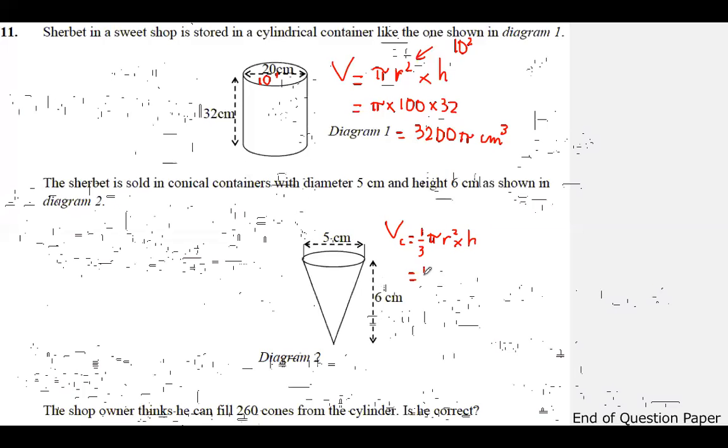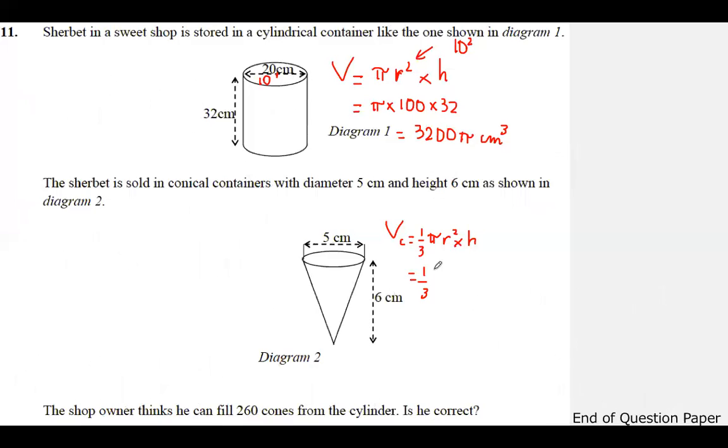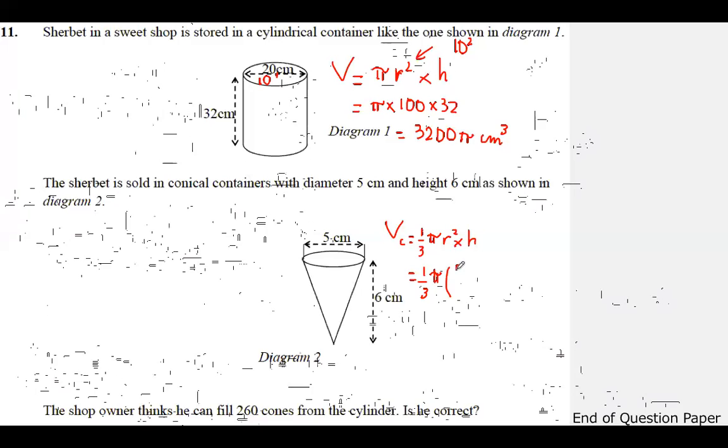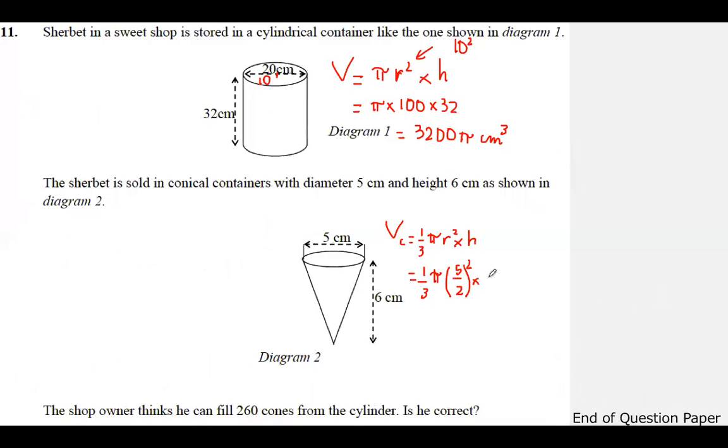So just go one third pi, 5/2 squared, times 6, because it's 6 centimeters. So 5/2 squared is 25/4, because you need to square the top and square the bottom. Or if you want, you can just put 2.5 squared. It's up to you. 6.25.